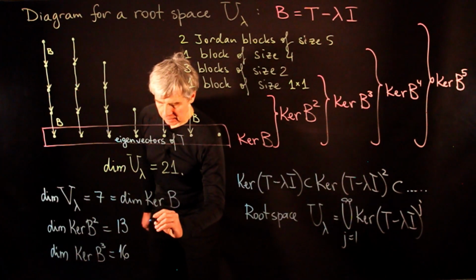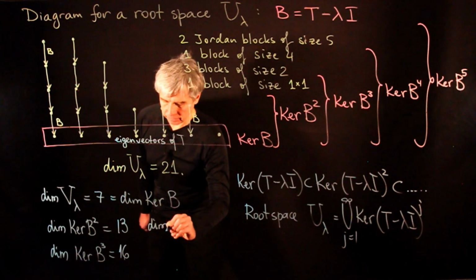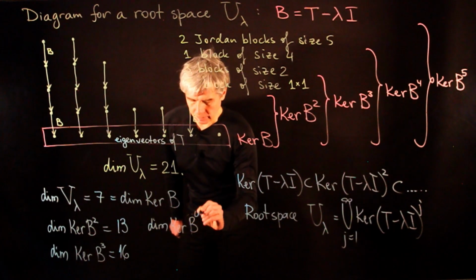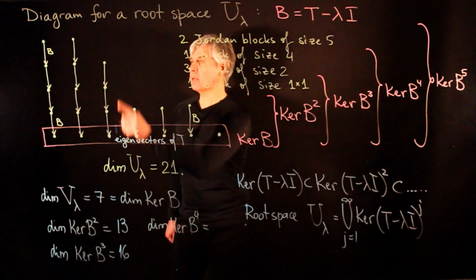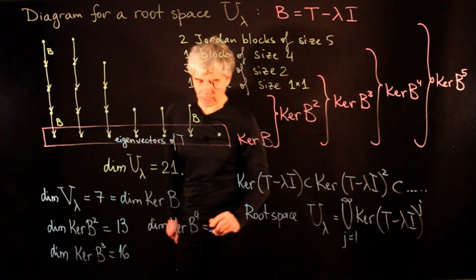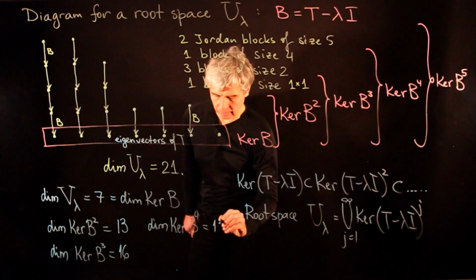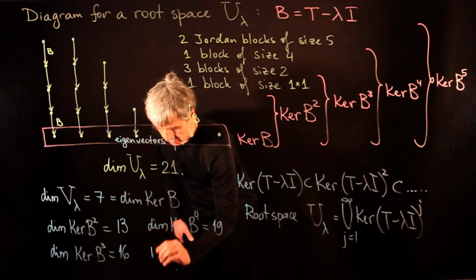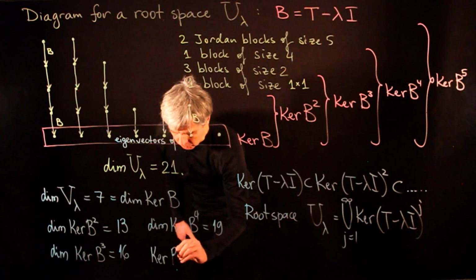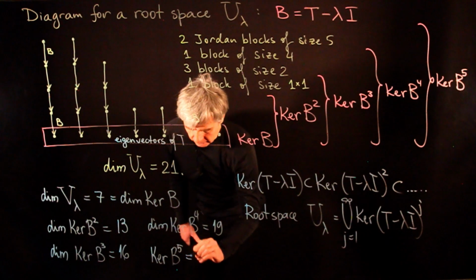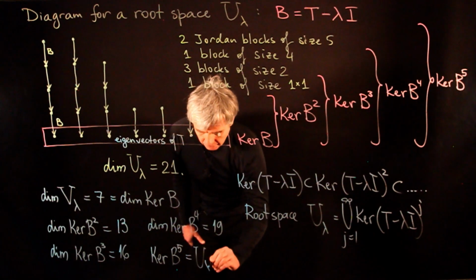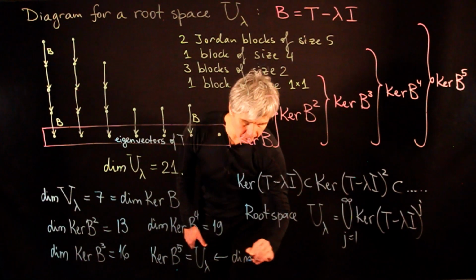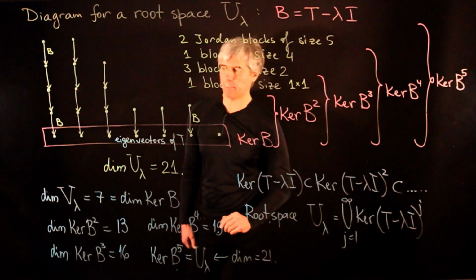And to get the nullity of B to the power 4, we add 3 more vectors on level 4, so we get 19. And finally, the kernel of B to the power 5 is our whole root space u lambda, and the dimension here, as we already said, is equal to 21.